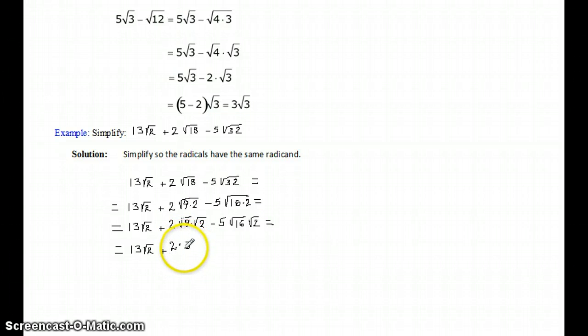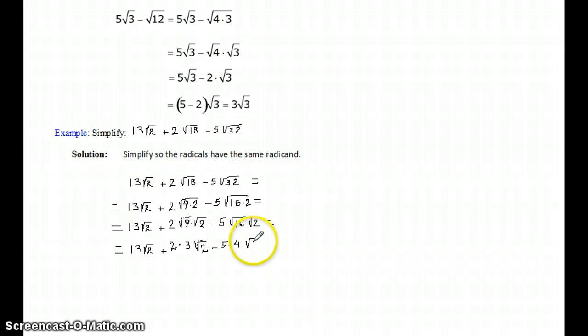Square root of 2 cannot be simplified further. Then we have minus 5 square root of 16. Square root of 16 is 4. So I get minus 5 times 4 times square root of 2. Square root of 2 also cannot be simplified further.